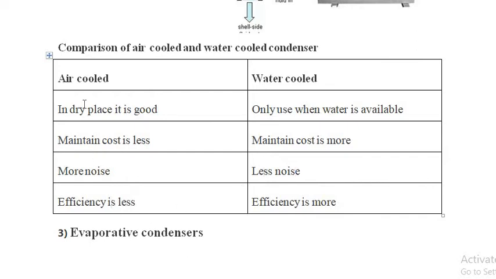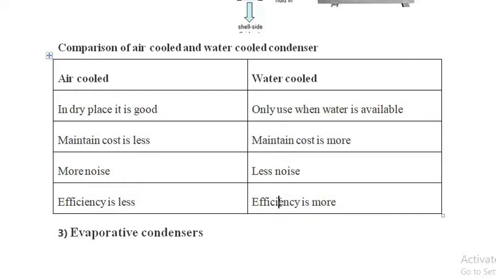The efficiency of the air condenser is less because when the air flows, the heat exchange to the tube is not so high, as the heat convection from liquid to air is less. So the efficiency of the air-cooled condenser is less.